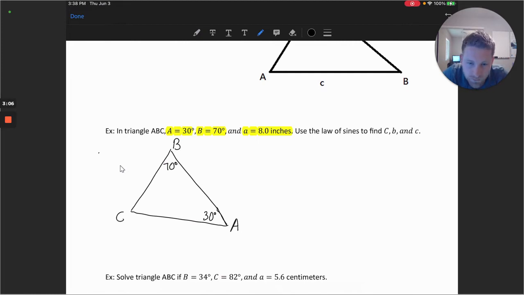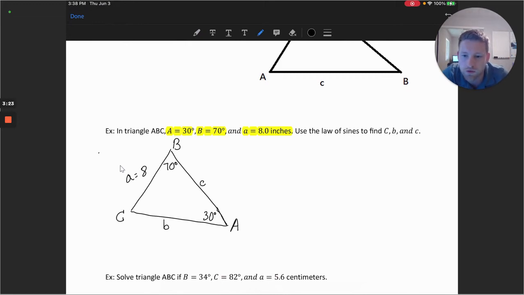We would have to go out and find that. We know that side length a is equal to 8, and we would have side length c and side length b right there. All right, so we have 3 knowns and 3 unknowns.